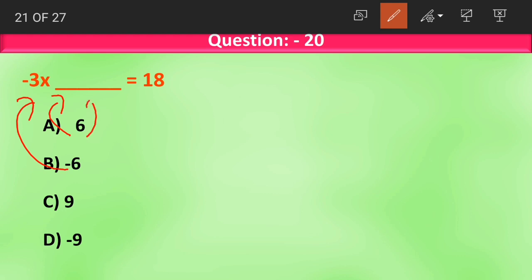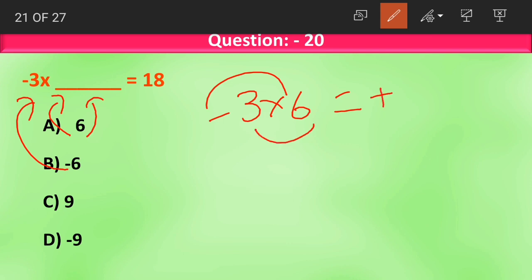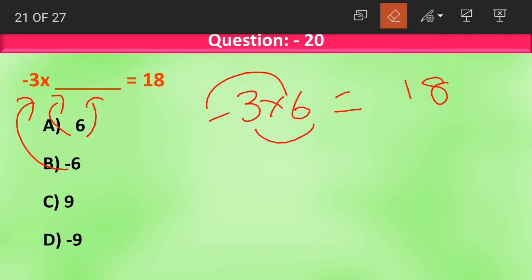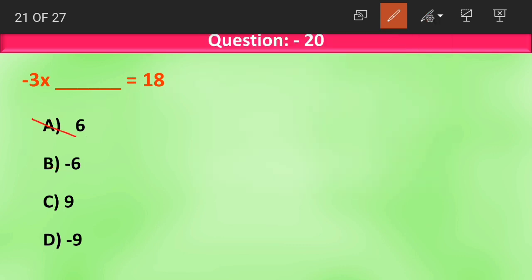Like first I'll put 6 here. Minus 3 into 6 is equal to what? Minus into plus is minus. 3 6s are 18. But in the given question the answer is 18. So option A is not the correct answer.